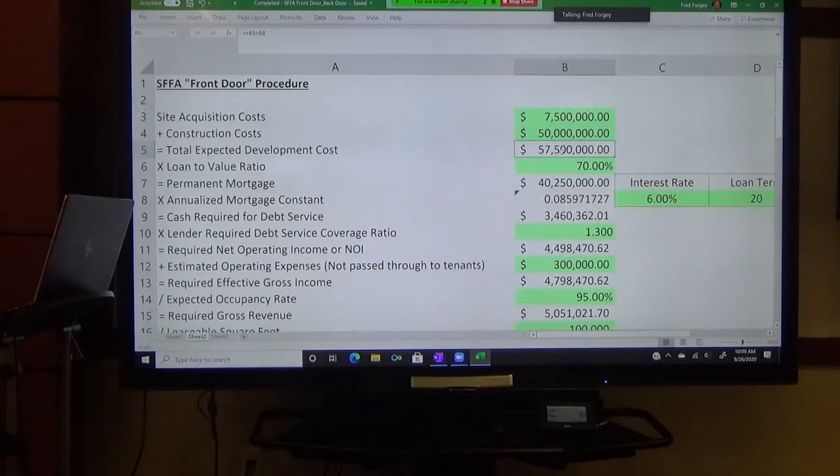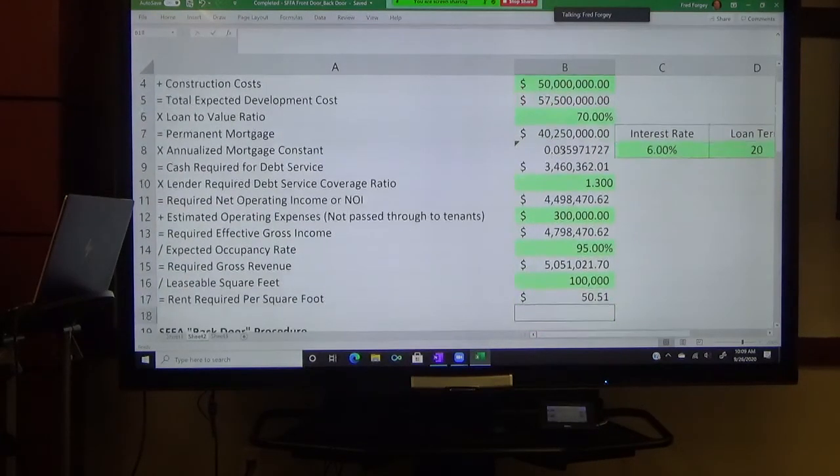Based upon the loan I can get on that property, the expenses, the occupancy rate and the size of it, that's what I've got to get in rent in order for that property to make sense to me as an investor. Pure and simple. So that's the approach I would use.